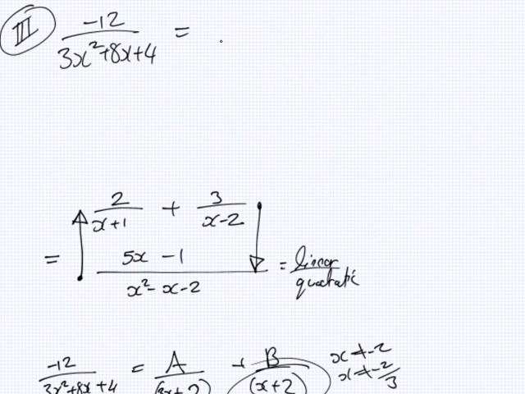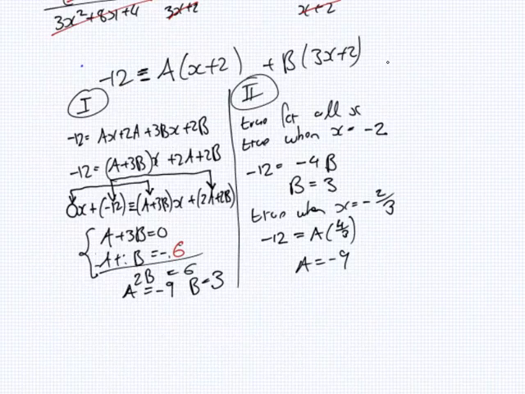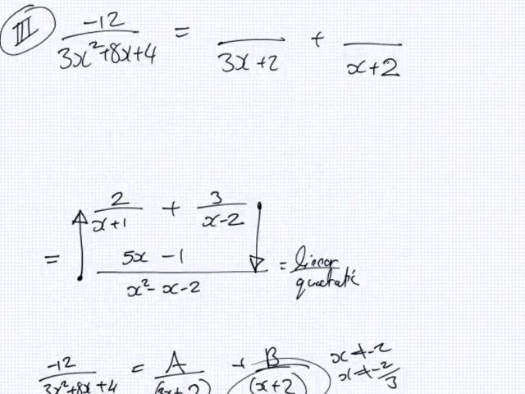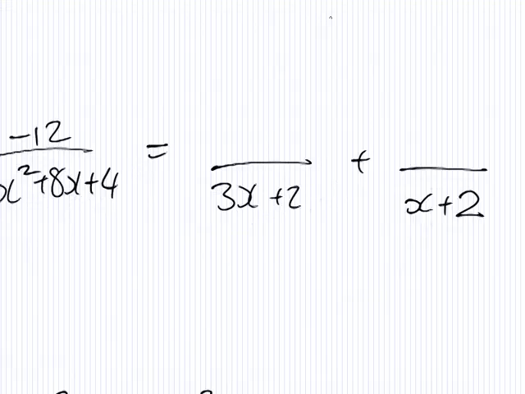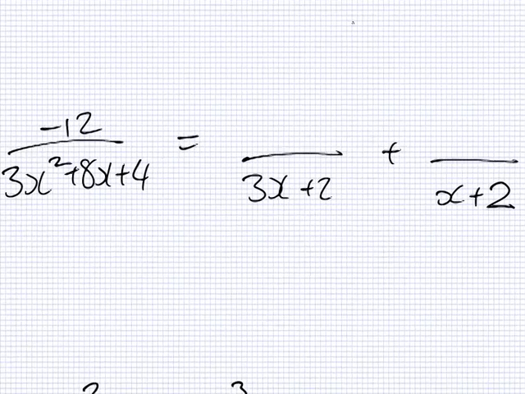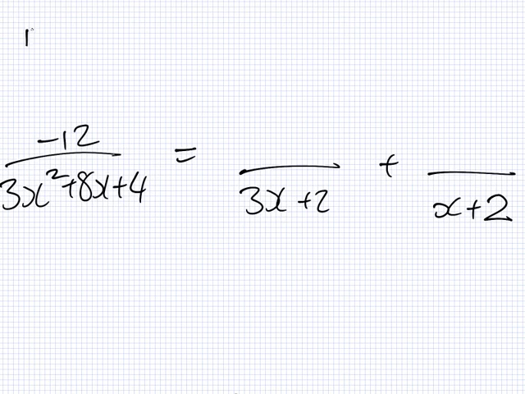You leave it blank, and then you write 3x plus 2, and another blank, and then x plus 2. Okay, and what did I get for A? I want to make sure I get the same answer. Minus 9. Okay, so this is method 3. Now, can I just borrow the calculator?